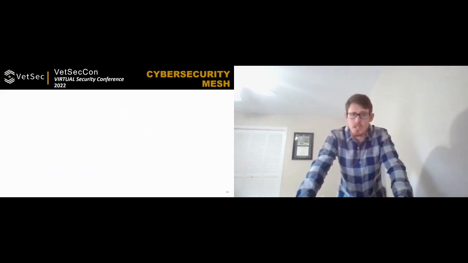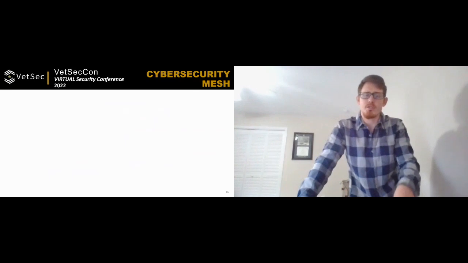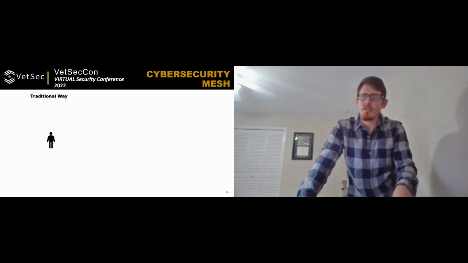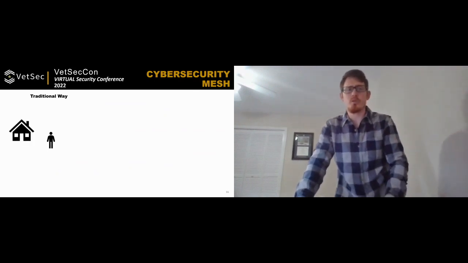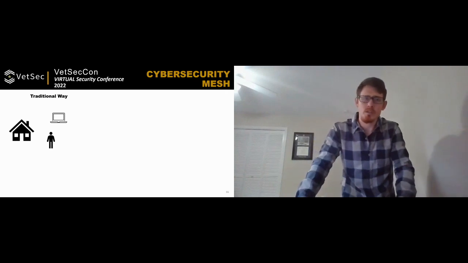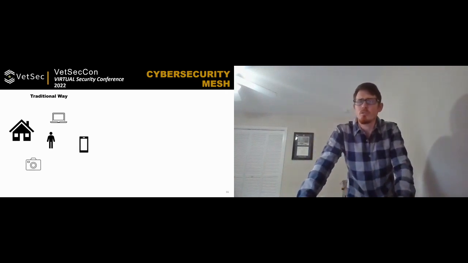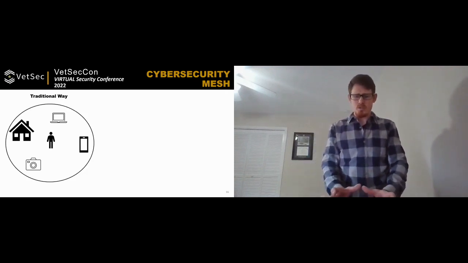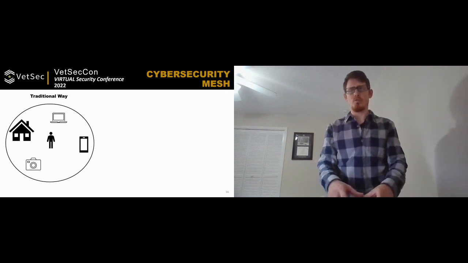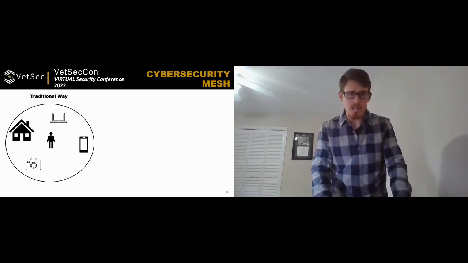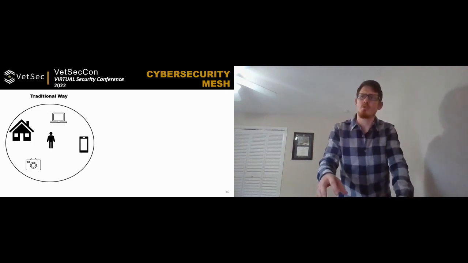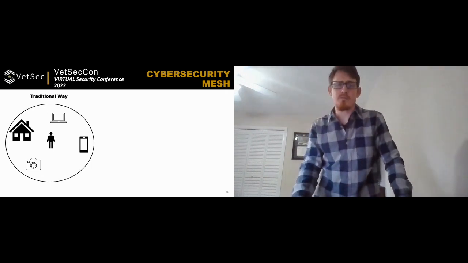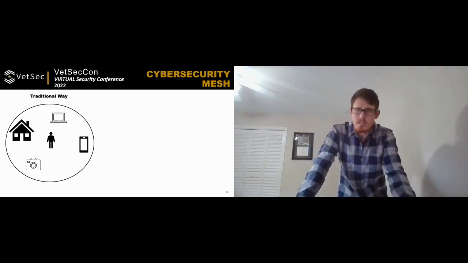Because in today's world, typically how security works is we have our users, we have our individuals, we have our building locations where we're working out of. We have our laptops, our phones, our cameras, you name it, right? IoT devices, right? But there's only one security perimeter, or one fence, and that one fence is supposed to keep all these things safe, right? But it's not really how it works, right?